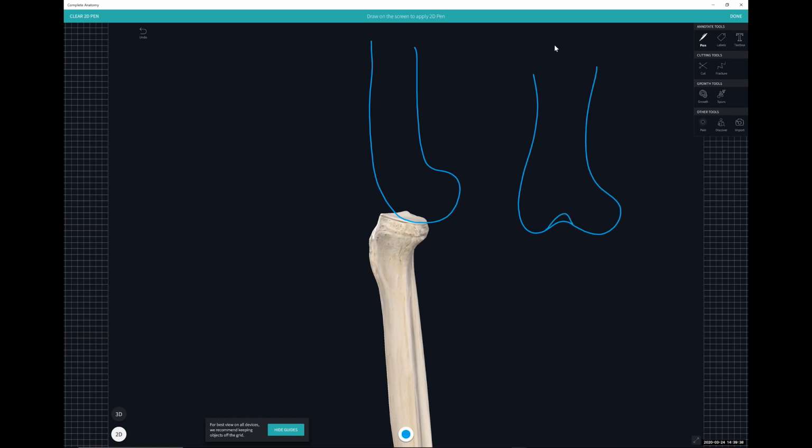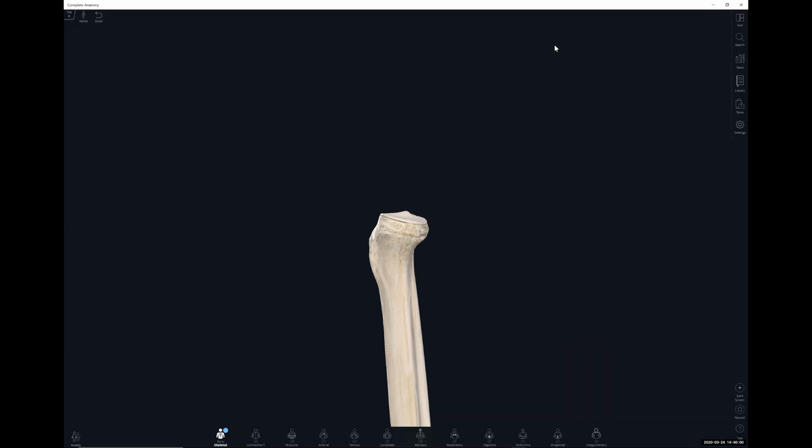If we're looking at an anterior view, if we were looking at a posterior view, we had a space that existed in between the medial and the lateral condyles. And so these condyles sit right on top of these plateaus.